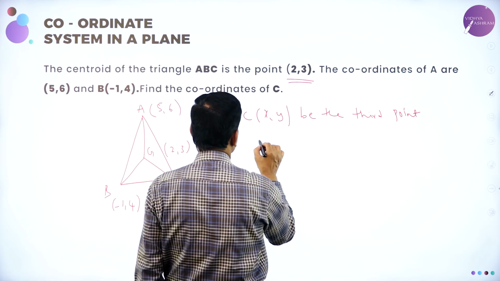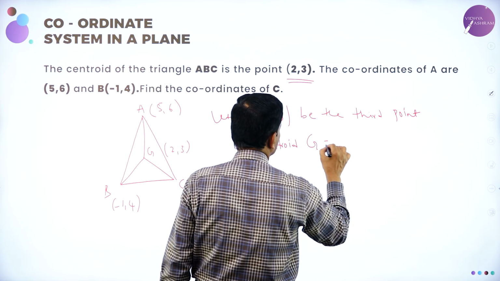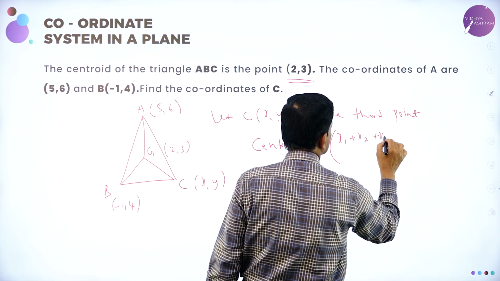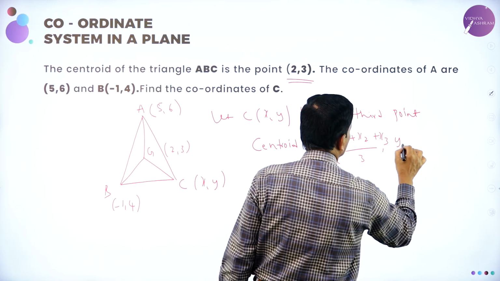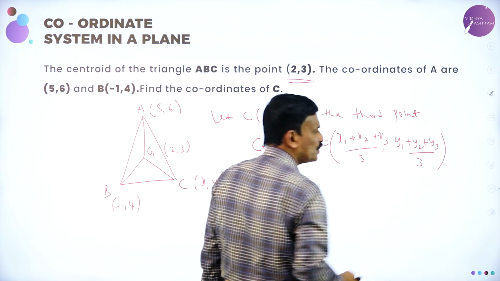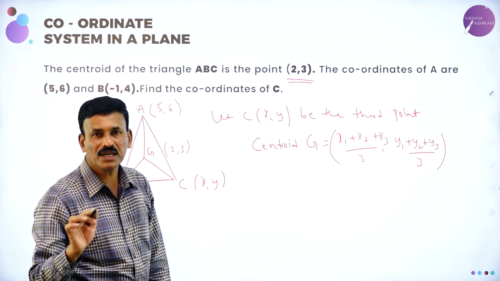Now what is the formula for centroid? Centroid G is equal to x1 plus x2 plus x3 by 3 comma y1 plus y2 plus y3 by 3. So here centroid is given, 2 points are given, it is required to find the third point.